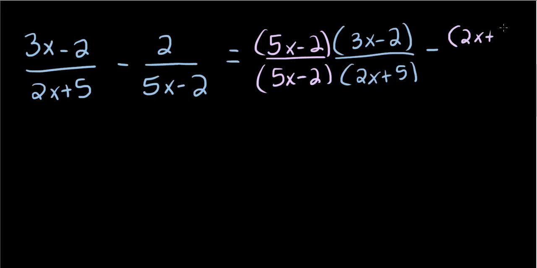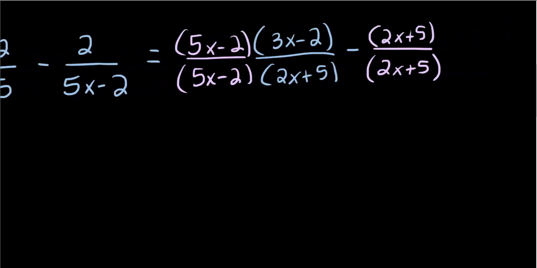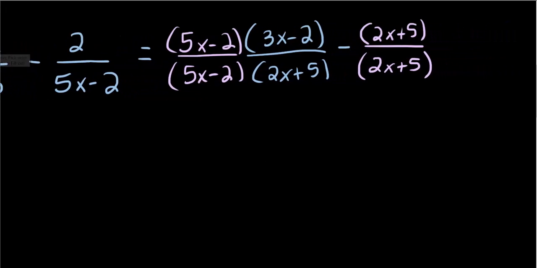And then I'm going to rewrite it, 2 over (5x minus 2), so times 2 over (5x minus 2). So now we're going to FOIL it.